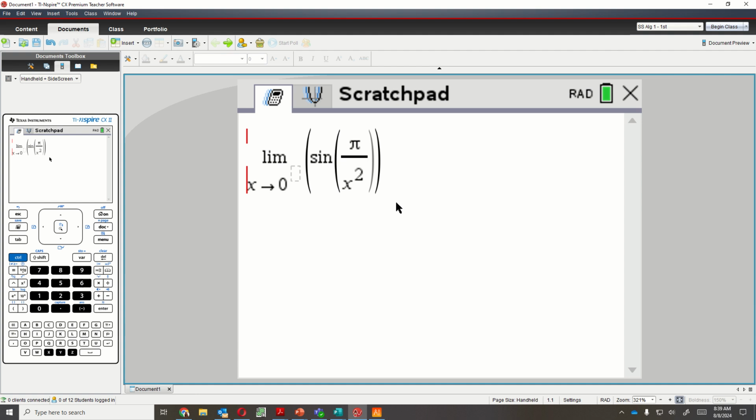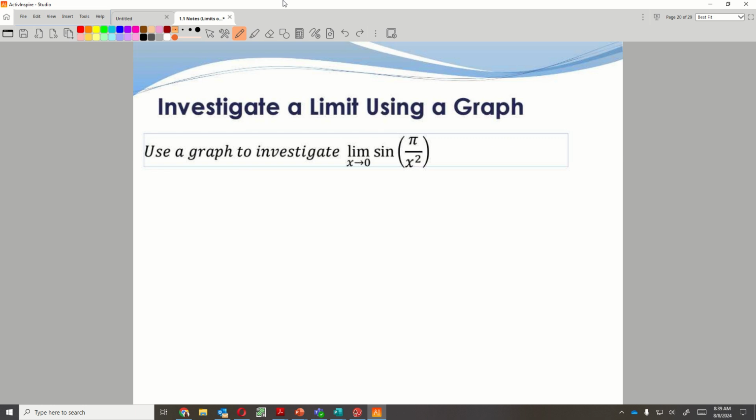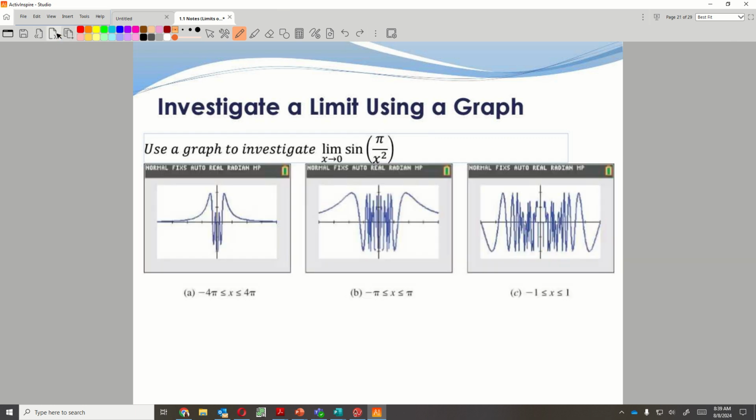So it keeps going up and down the whole time. Right here, so I change the window, I increase it, I keep going, and it is going to keep doing this right here.